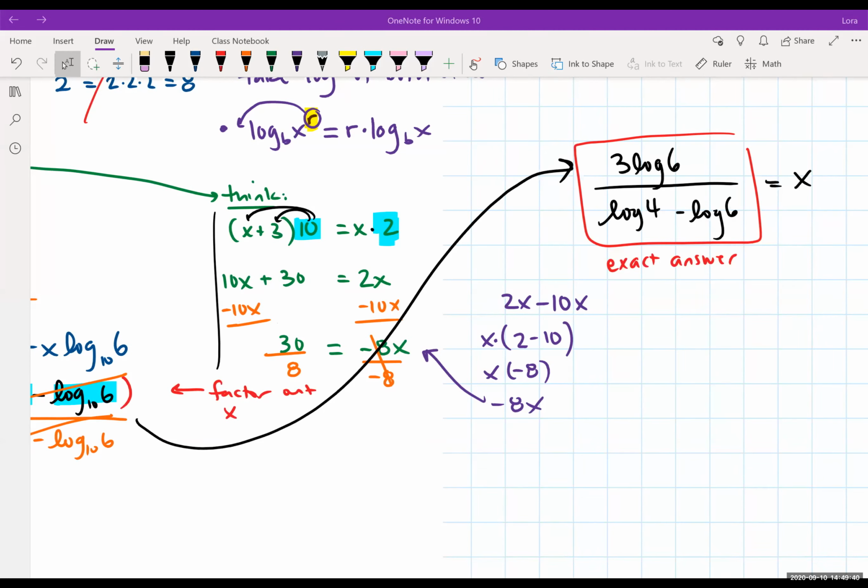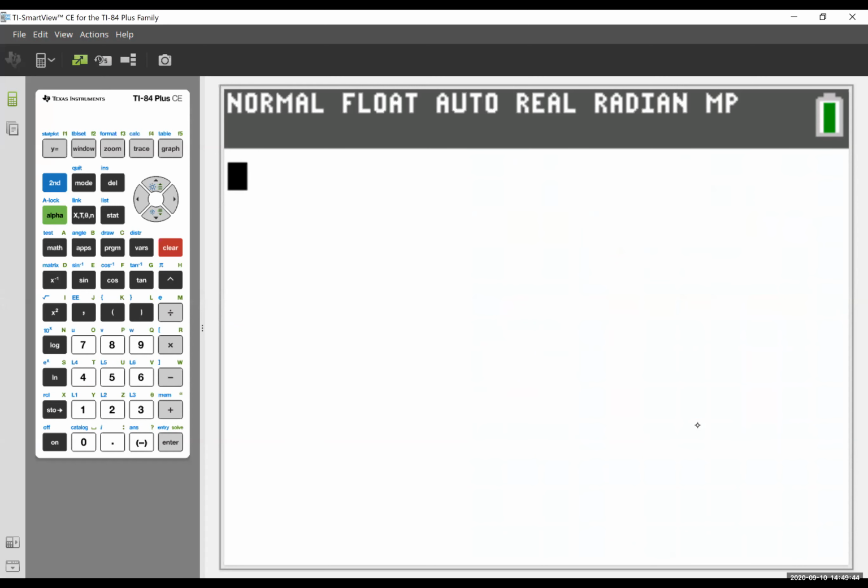So like I said, I'm going to show you just the approximation. Lucky for us, we can type this in. What do we have? Log of 6. Let's double check. 3 times log of 6. There we go.